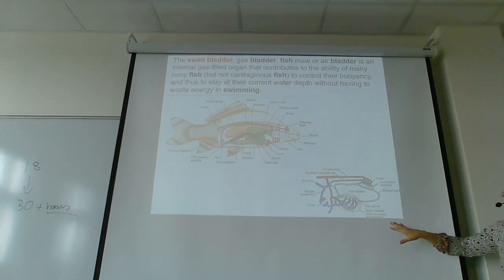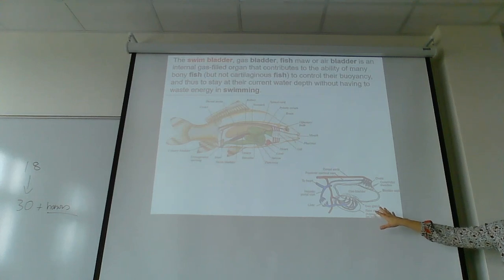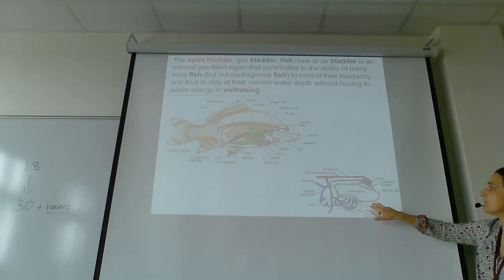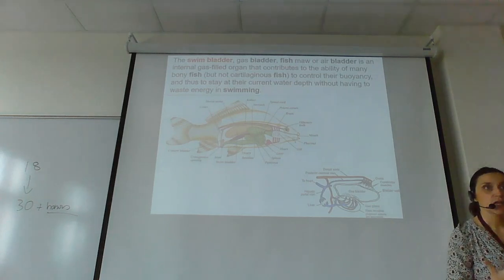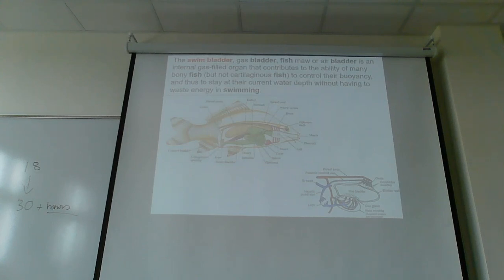All right, so this is an example of how most of the living bony fish have a gas bladder that is not connected with the external air. So where does this gas, this air come from?